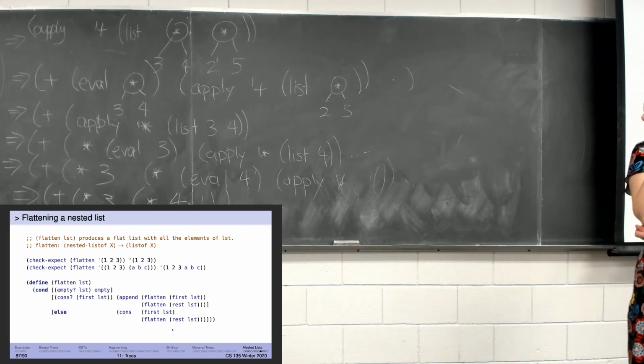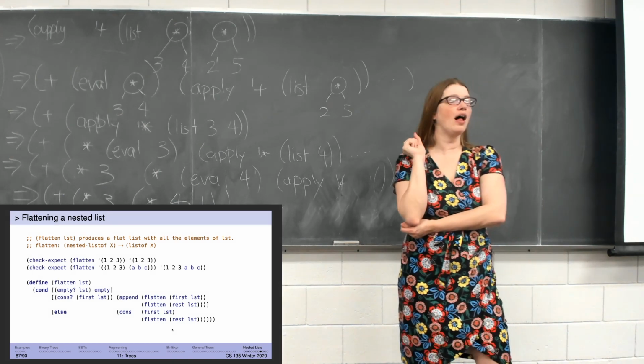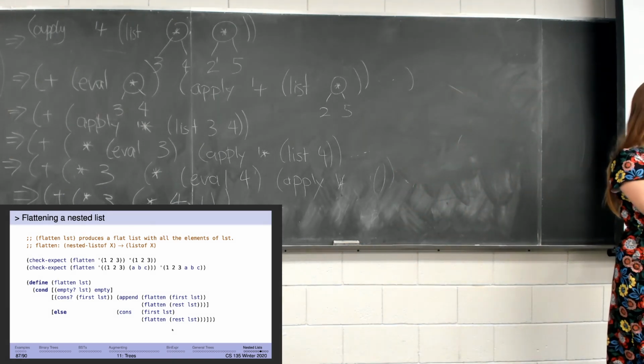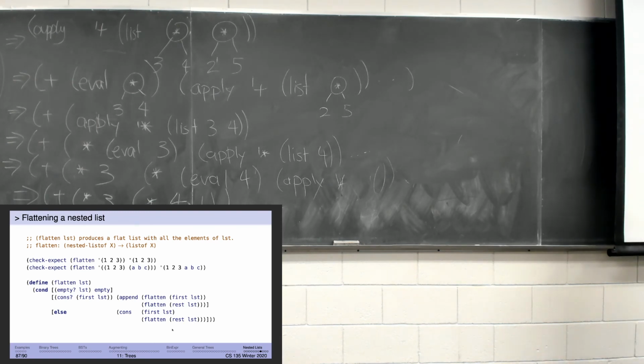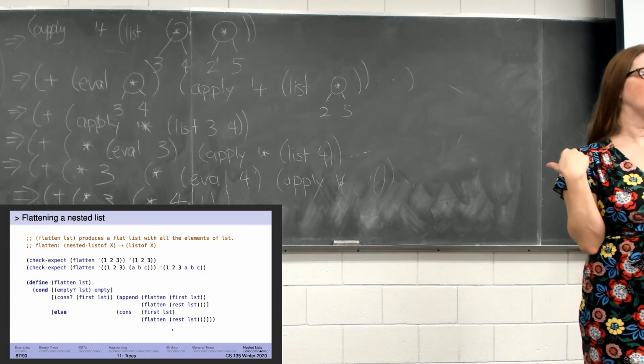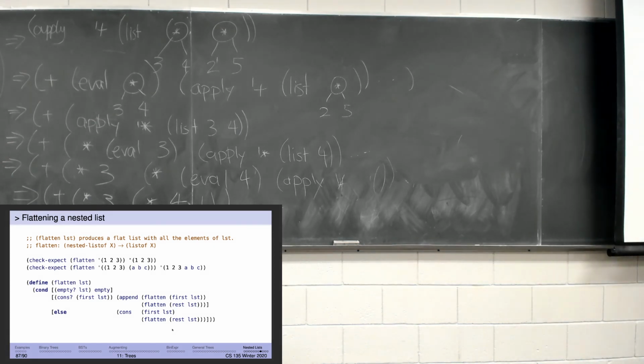If, however, this item, the first of my list, is a list itself, then I have to append the results of flattening myself, the first of the list, with the results of flattening the rest of the list. Follows the template, doesn't it?